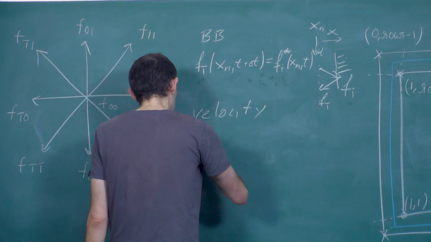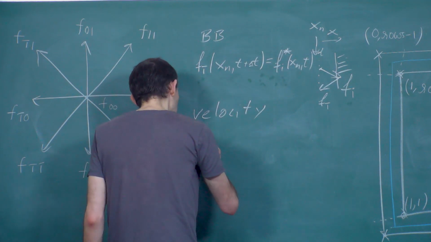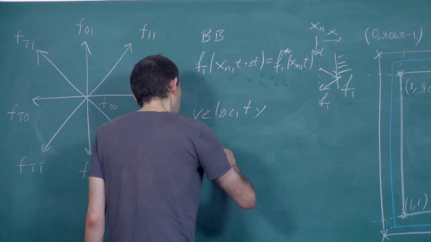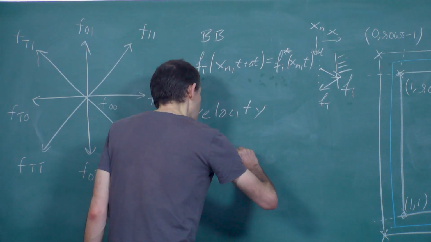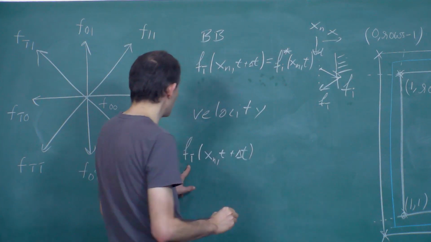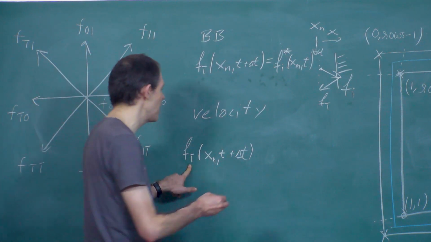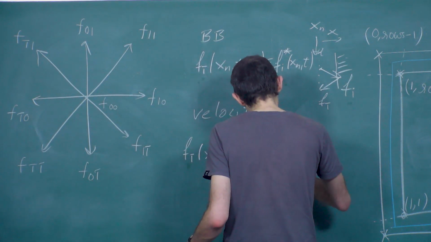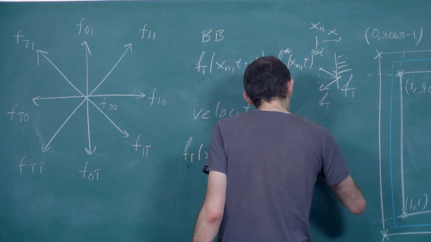And this can be done in the following way, actually a little bit similar to the anti-bounce back, if you remember this. So we have again, starting from the incoming population at the next time step, what has been going out.